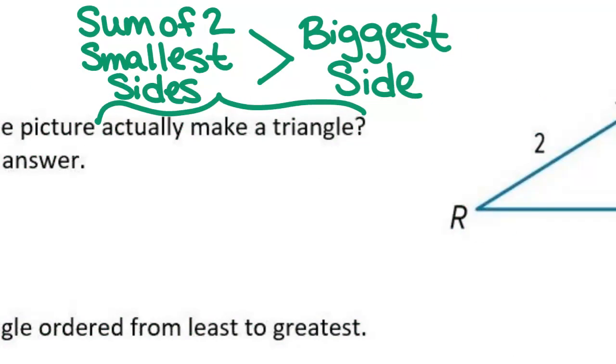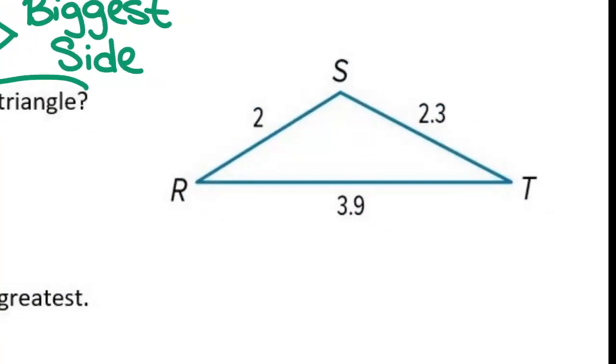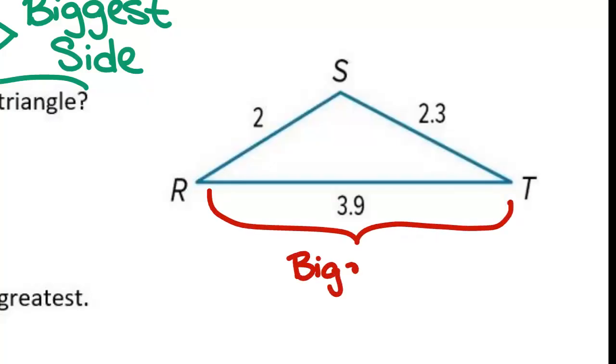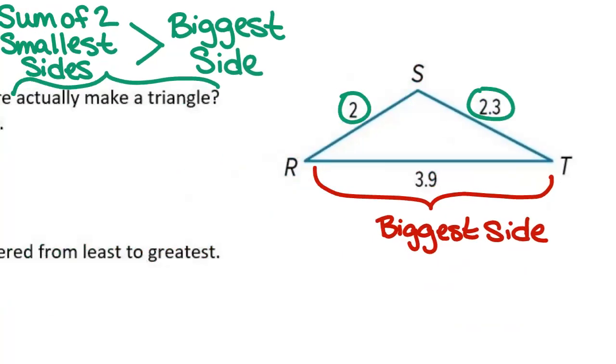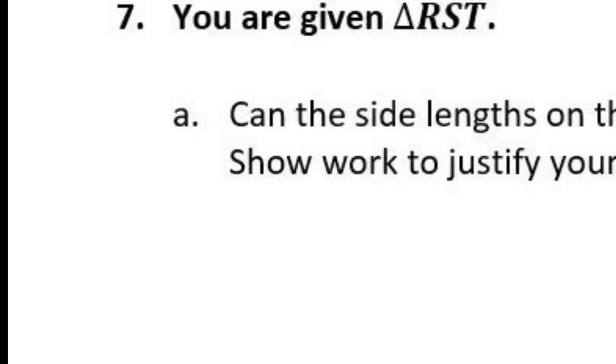So what is the biggest side on this triangle? Which one? 3.9, thank you. There's the biggest side. So the two smallest sides would be 2 and 2.3. So we're going to add 2 and 2.3.